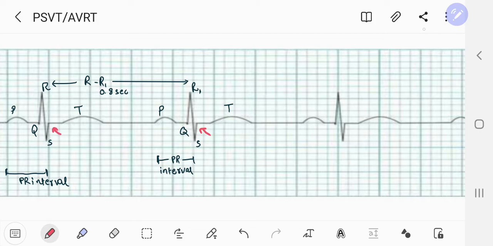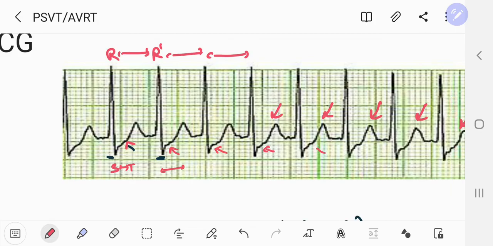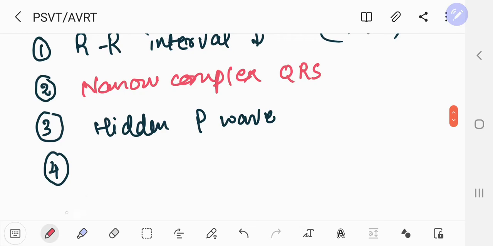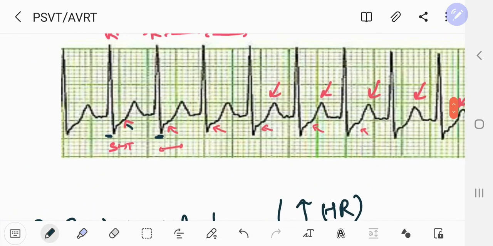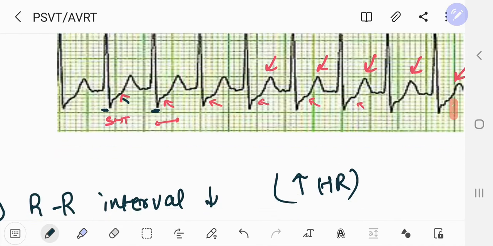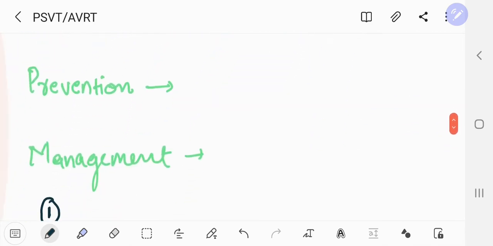In case of PSVT, you can see here the ST segment is depressed. So the final point here is the ST segment depression. Now, will you be able to identify PSVT from a normal sinus rhythm? I hope you do.